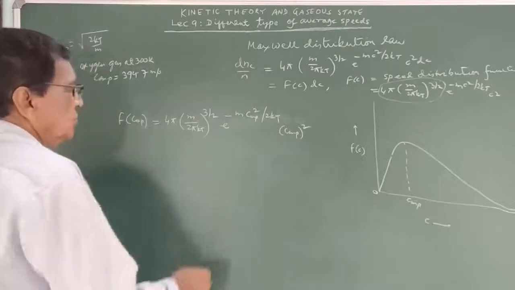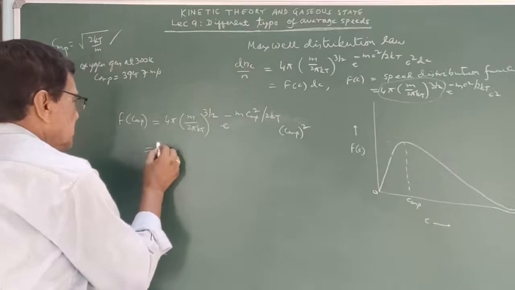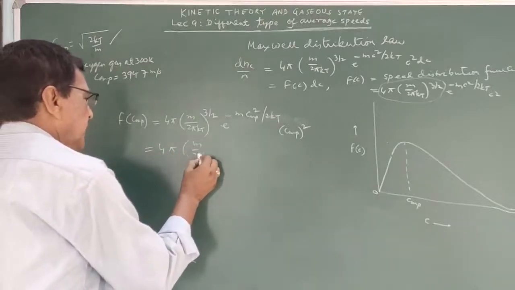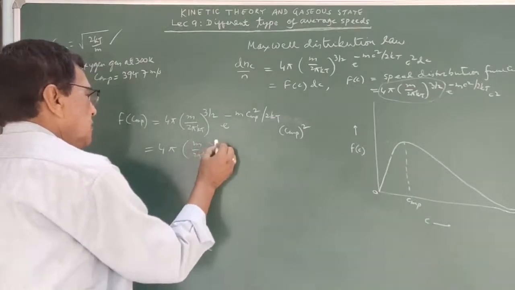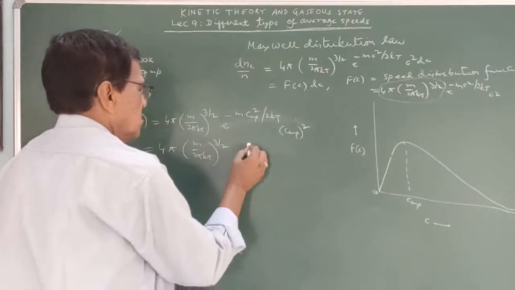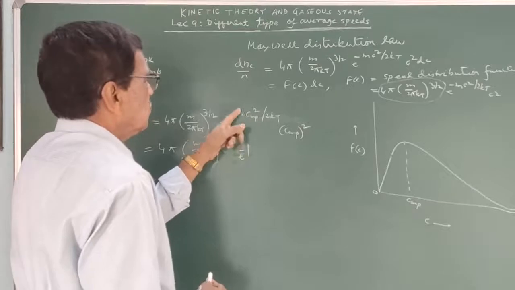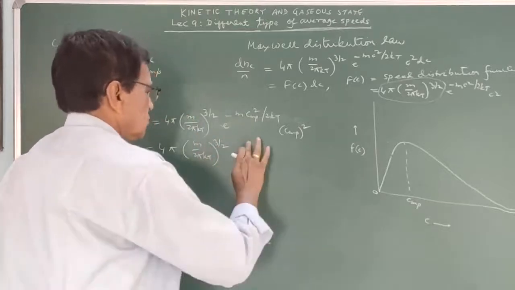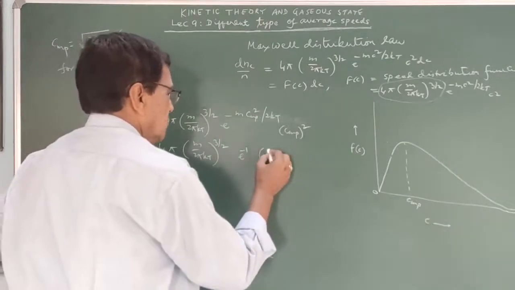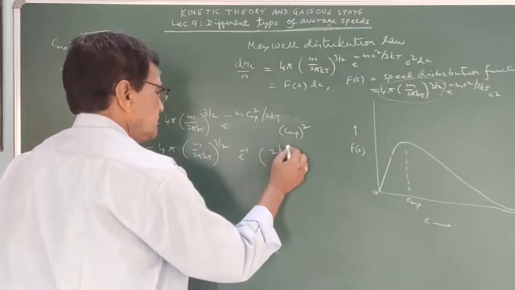So we know that C_MP square equals twice kT by m, so this is equal to 4 pi m by 2 pi kT to the power 3 by 2 and e to the power minus 1, since C_MP square equals 2kT by m.